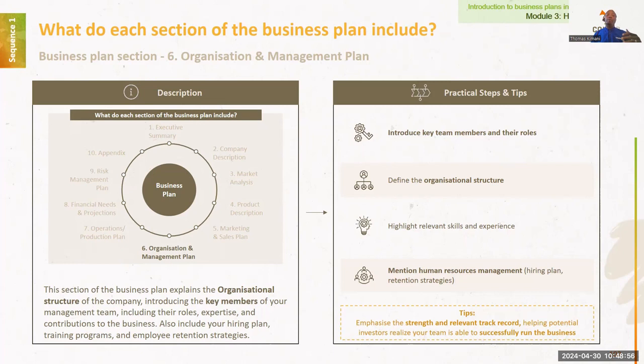As you're filling up these positions in the organizational chart, you need to also attract the right skills, right? Skills that are relevant. Say, for example, in your marketing and sales plan, you're planning to sell your things online, right?